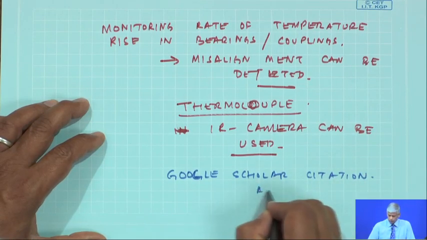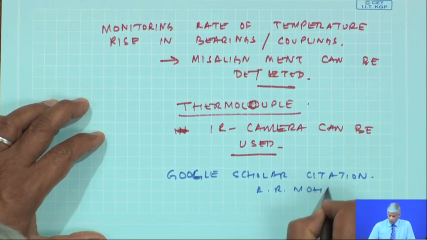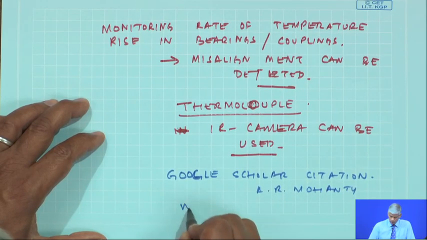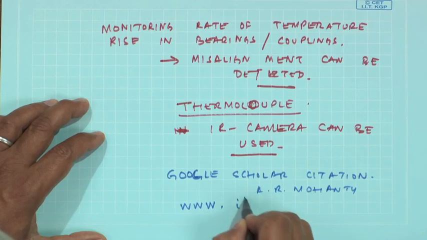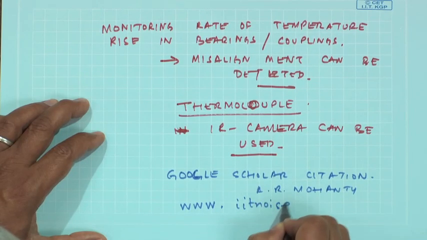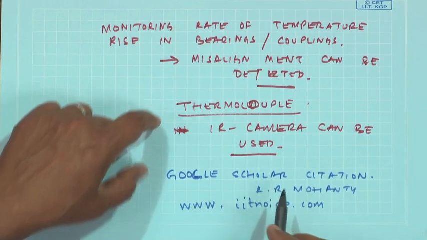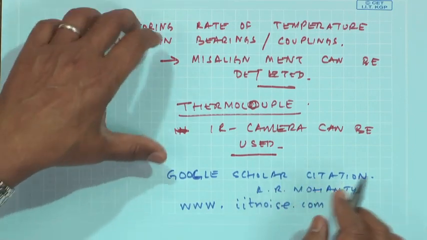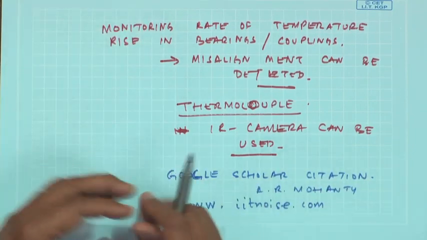You can find this paper, or you can go to my website to see the details in an IMechE journal paper, where our group was the first to detect the presence of misalignment in a rotating shaft system by measuring the rate of temperature rise through an infrared camera. And this has a lot of significance now.